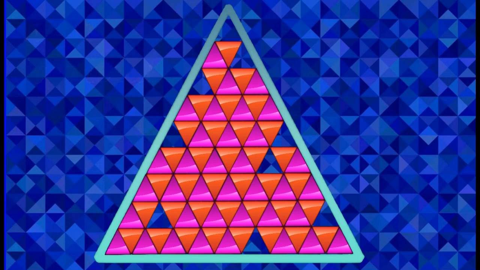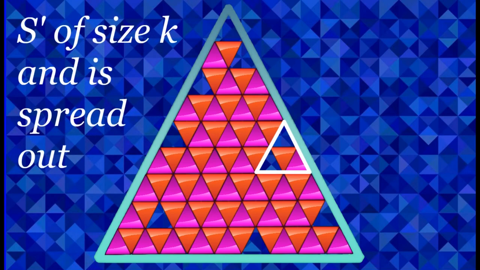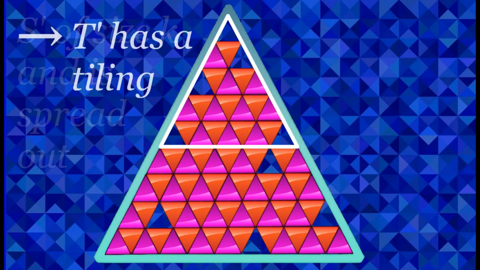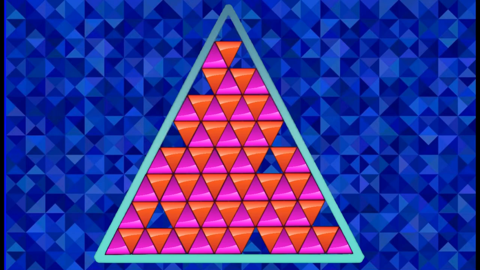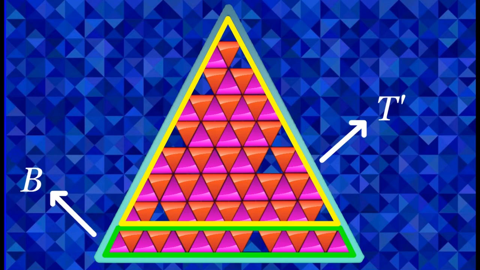Hence, we assume that every equilateral triangle T', whose size length k is smaller than n, and where its set of holes S' is of size k and is spread out, has a tiling. Let us denote by B the bottom row of our Holey triangle, and by T' the triangle formed by the top n-1 rows. Observe that B contains at least one hole, since otherwise T' has n holes and thus, S is not spread out.